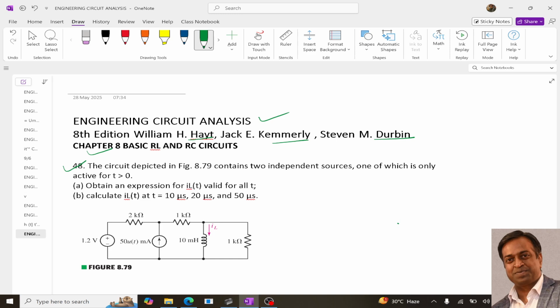The question says that this particular circuit contains two independent sources, one is 1.2 volt and another is 50 u(t) milliampere, one of which is only active for t greater than 0.